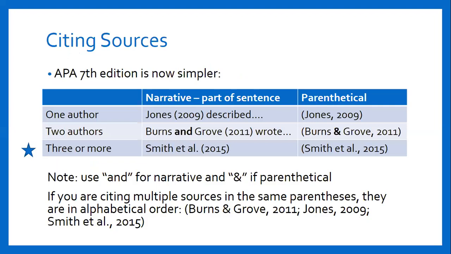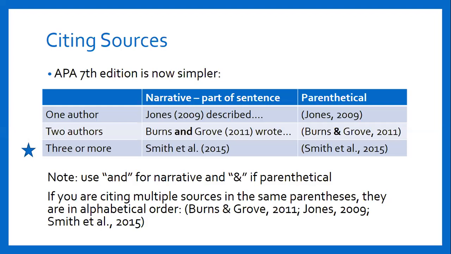A big change in APA 7th edition is that citing in text is way simpler. One author, surname, year. Two authors. In a narrative, as part of the sentence, you join the names with an and. If it's parenthetical, you use an ampersand.